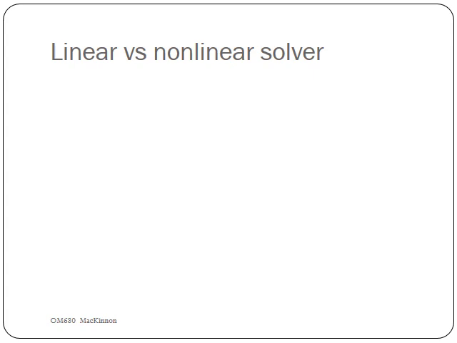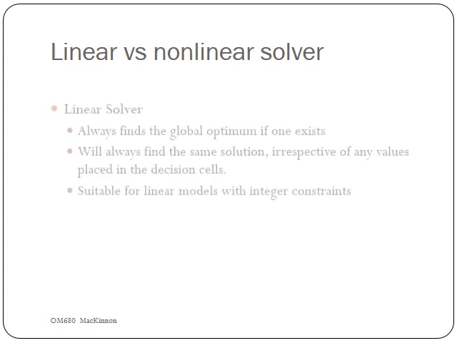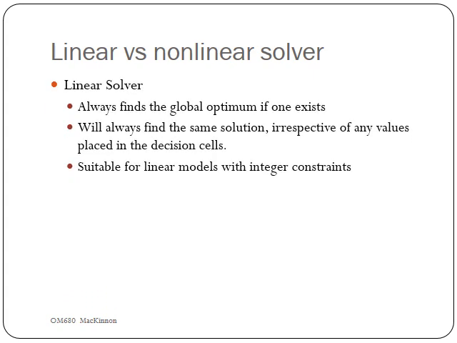So let's compare the linear and the nonlinear solver. The linear solver will always find the global optimum if it exists. It will always find the same solution regardless of what values are placed in the decision cells before you run Solver. And it is also suitable for linear models with integer constraints.